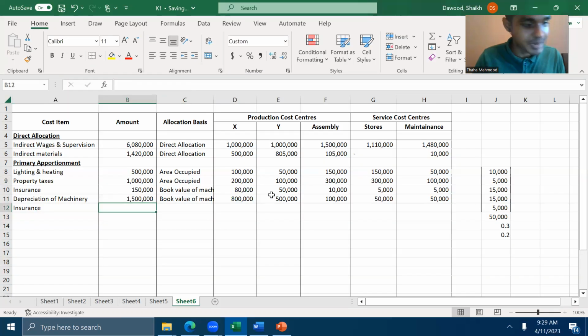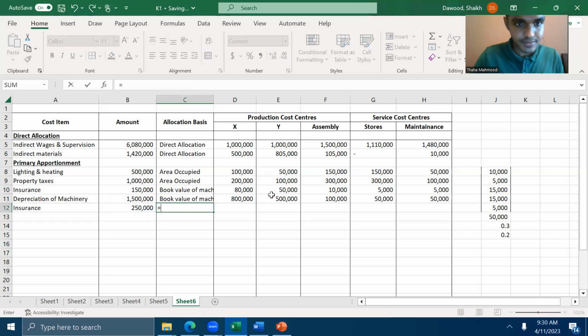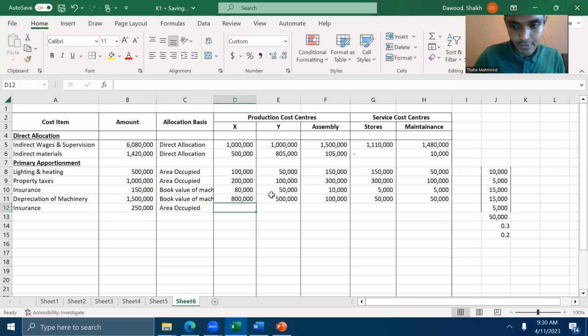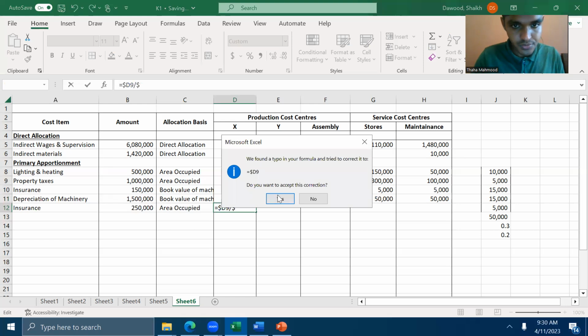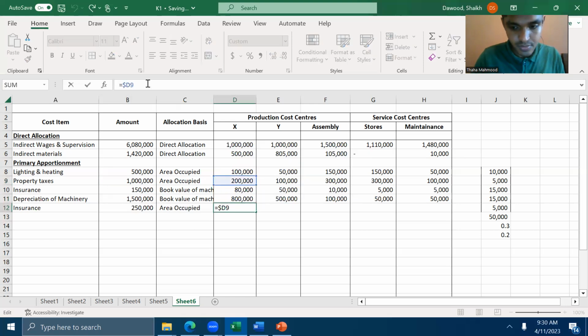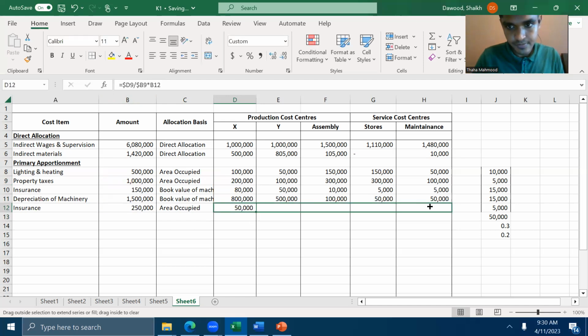So that would make the building area the best basis. 250,000 on this basis would make it like this, multiplied by this. Okay.